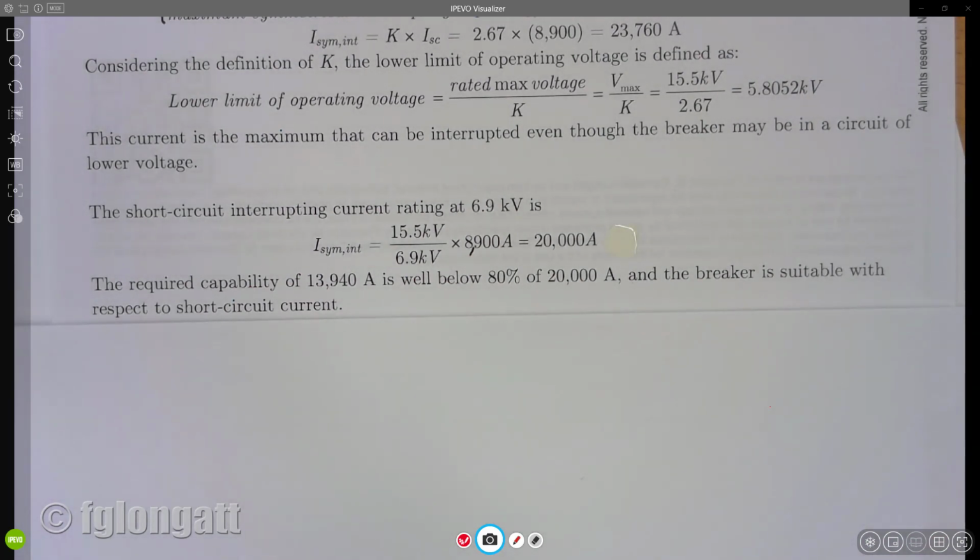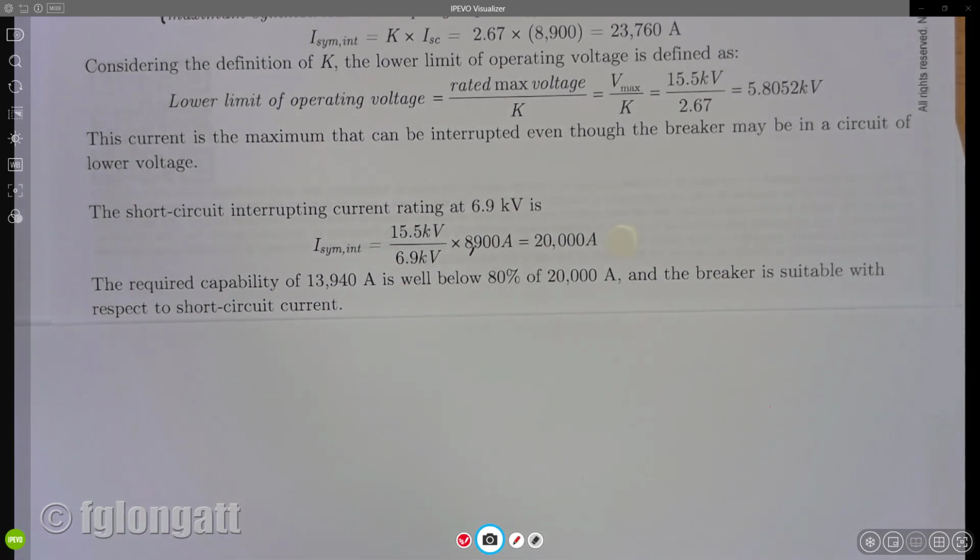Now the interesting question is, can we use this circuit breaker? The answer, straightforward, is that we need to compare this maximum symmetrical interrupting capability of the circuit breaker with the short circuit level that we calculated before.